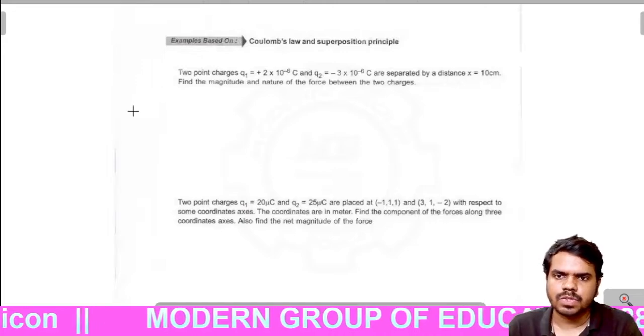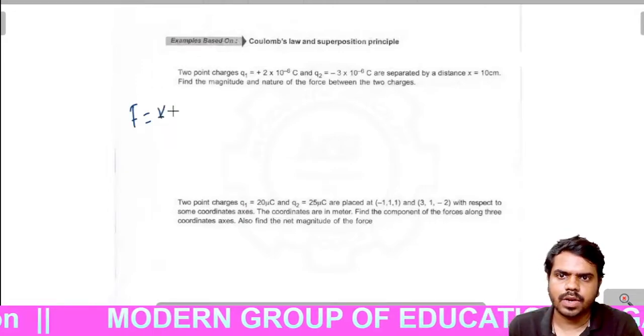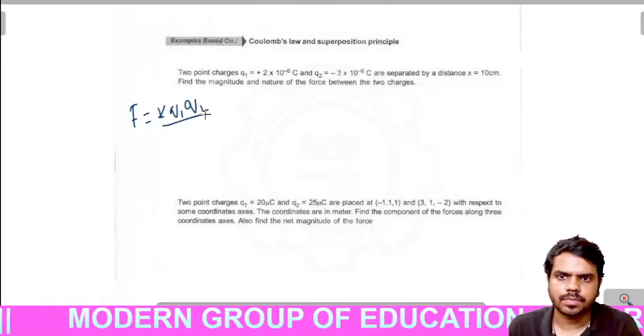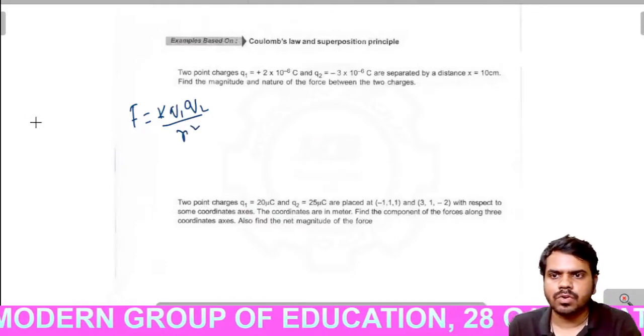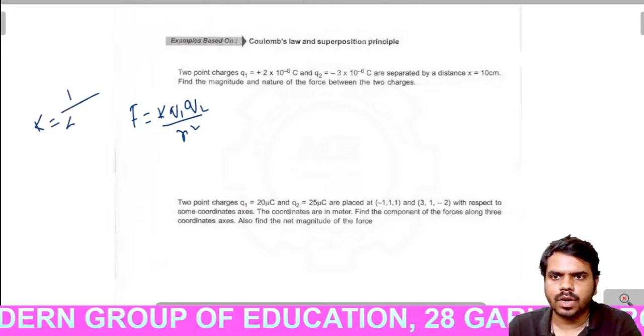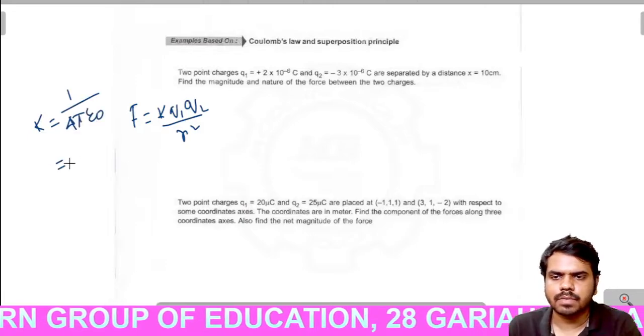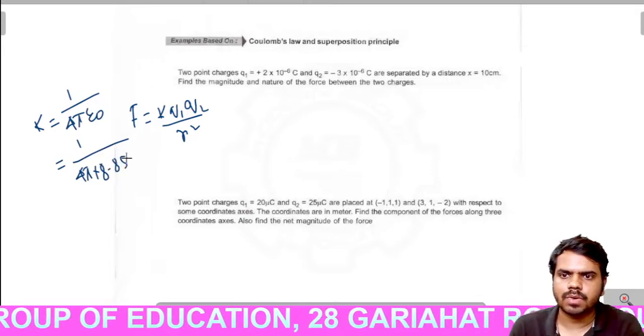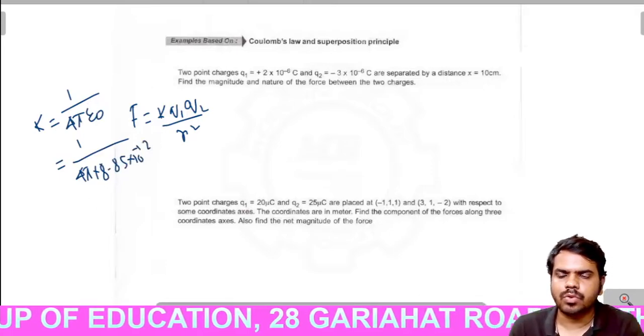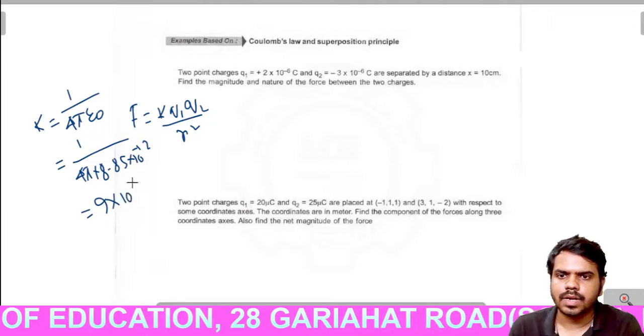So Coulomb's force is F is equal to K Q1 Q2 by R square. The value of K, if we apply the value of 1 by 4 pi epsilon naught, that means 1 by 4 pi into 8.85 into 10 to the power minus 12, then the value of K will be 9 into 10 to the power 9.